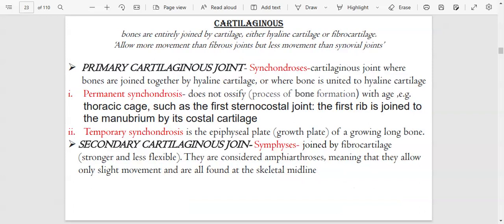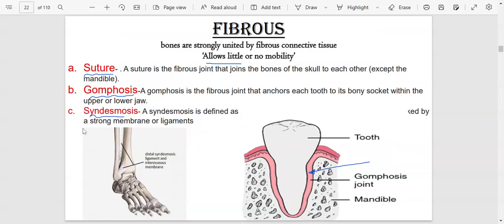Syndesmosis, sutures, and gomphosis. Okay, now I don't have an example on syndesmosis here, but I can just mention something. Syndesmosis, we have got bones connected through fibrous membrane, right? As we've said, a strong fibrous membrane or ligament.